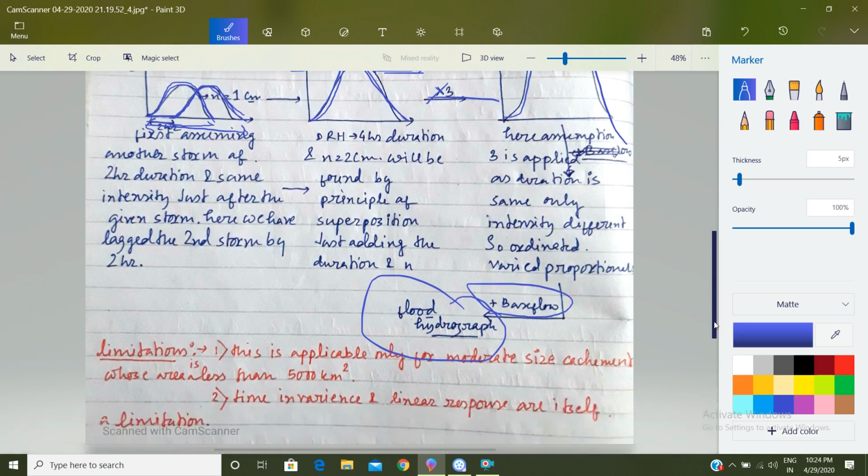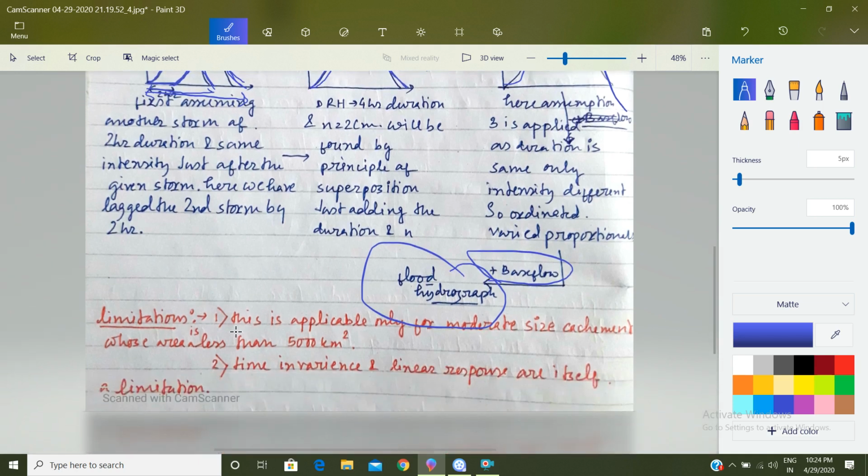Now see what the limitation is. This limitation is important because some questions are asked from here. This is applicable only for moderate size catchments whose area is less than 5,000 square kilometers. So you need to remember this number, 5,000 square kilometers, and the area must be greater than 2 square kilometers.